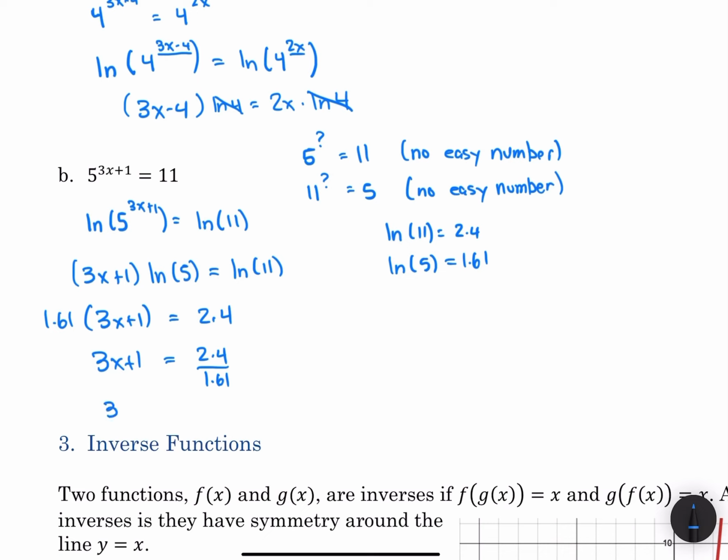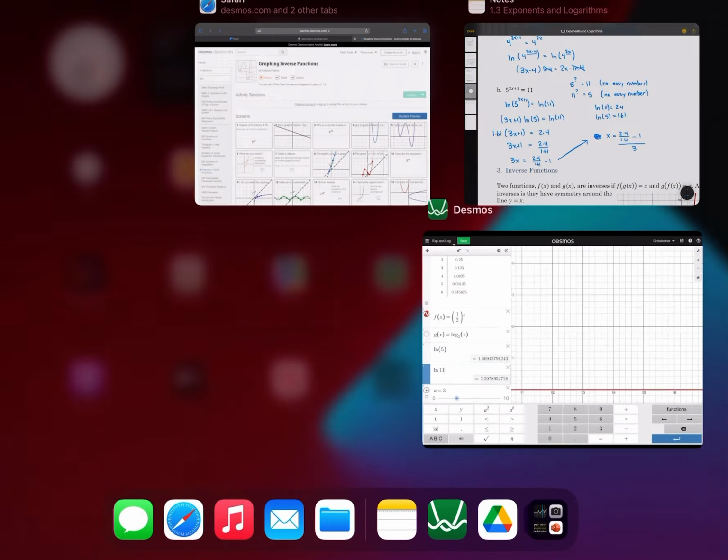And so 3x is equal to 2.4 divided by 1.61 minus 1. And finally, that's going to give us x equals 2.4 divided by 1.61 minus 1, all divided by 3. Cool. So let's just put all that in the calculator.